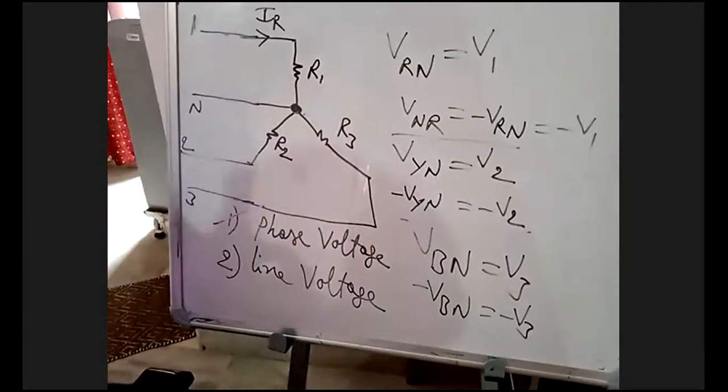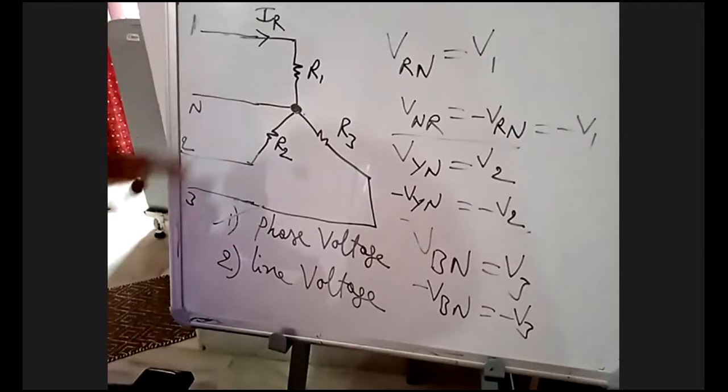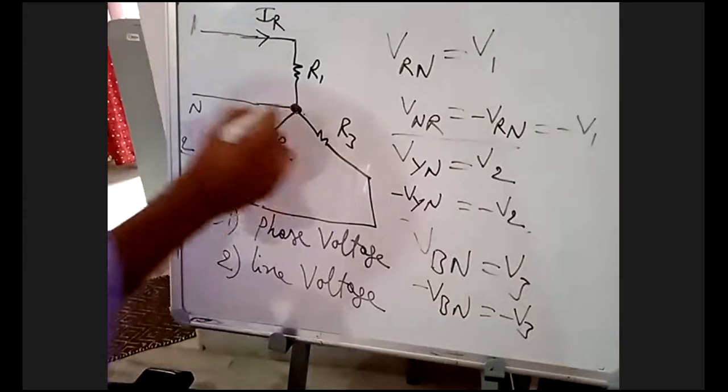Draw one more diagram. 1, 2, 3. This is the neutral.